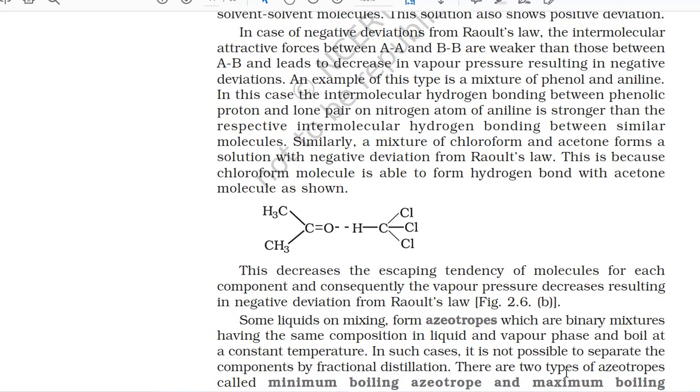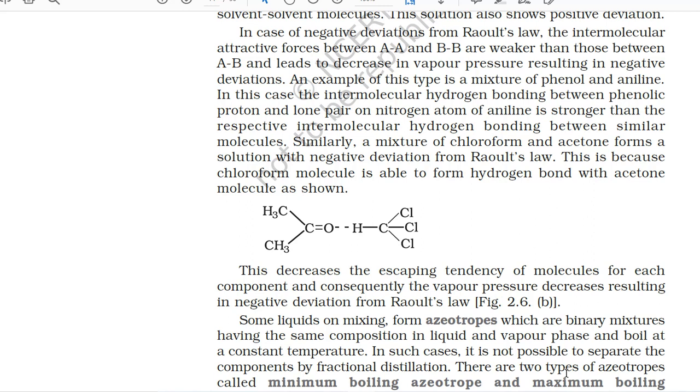In case of negative deviations from Raoult's law, the intermolecular attractive forces between AA and BB are weaker than those between AB and lead to decrease in vapor pressure resulting in negative deviations. An example of this type is a mixture of phenol and aniline. In this case, the intermolecular hydrogen bonding between phenolic proton and lone pair on nitrogen atom of aniline is stronger than the respective intermolecular hydrogen bonding between similar molecules.